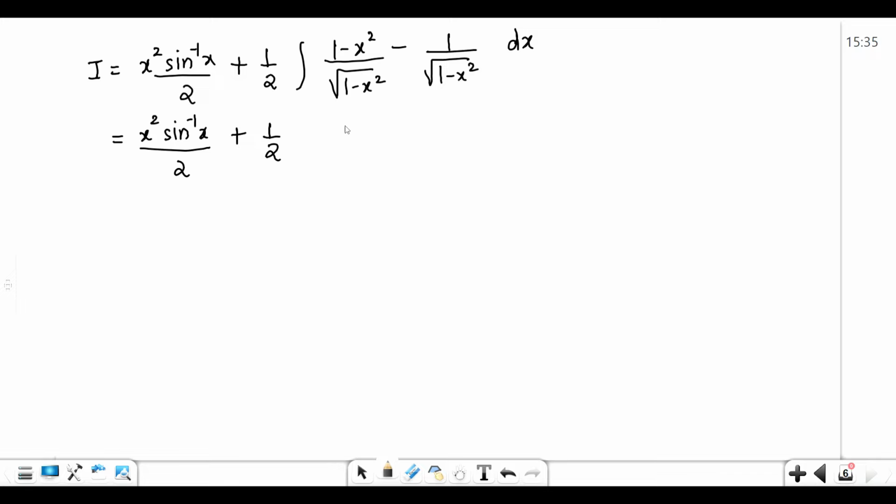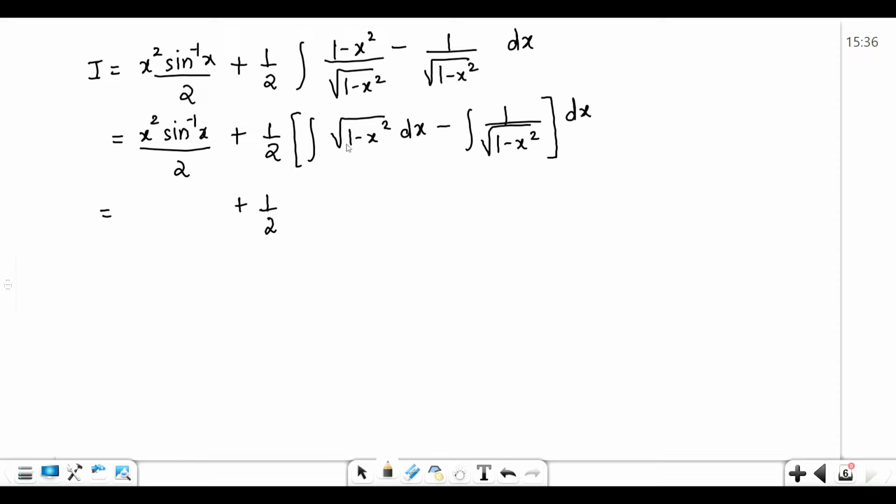Now for this, 1 minus x square upon square root of 1 minus x square will give you square root of 1 minus x square dx, minus integration of 1 upon square root of 1 minus x square dx. That 1 by 2 will be multiplied to both of these. That will be the same. I'll copy this later.